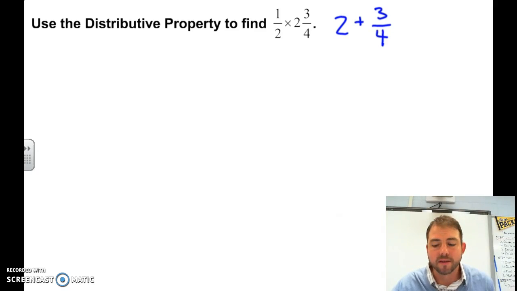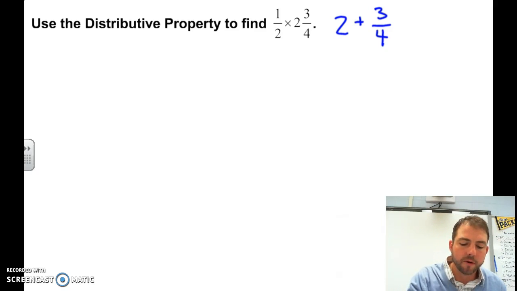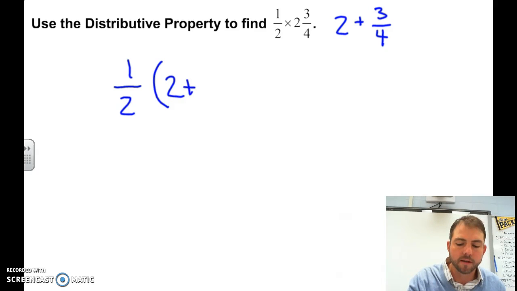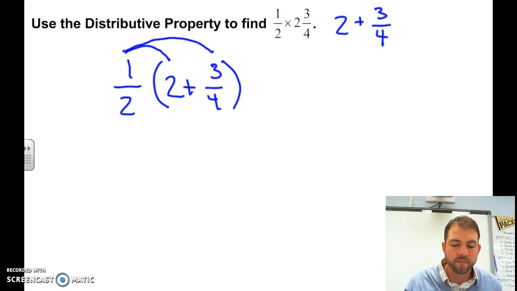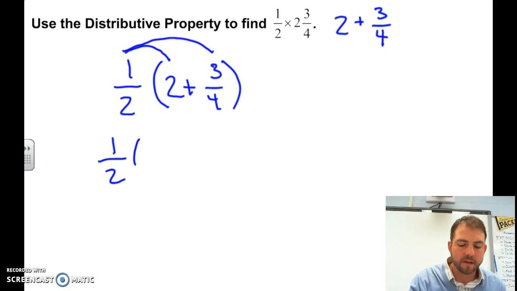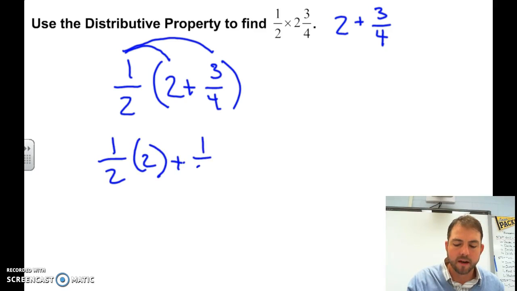That actually is the same thing and represents the same. Now I'm going to take 1/2 times 2 plus 3 over 4. Now I'm going to do the same concept of distributing the 1/2 to both. 1/2 times 2 plus 1/2 times 3/4.